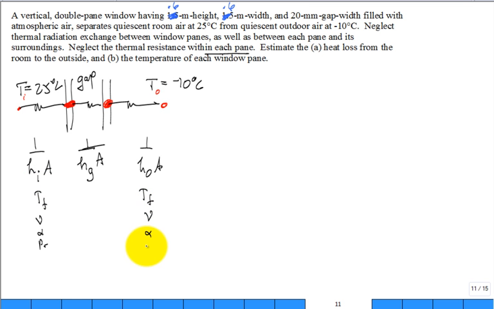Nu, alpha, Prandtl number are the ones that are very temperature dependent or more temperature dependent than others. And this film temperature here, well, are those the same film temperature? No. But how do I solve for the film temperature? Well, if I knew the pane temperatures, then it's like I already have solved for the problem.